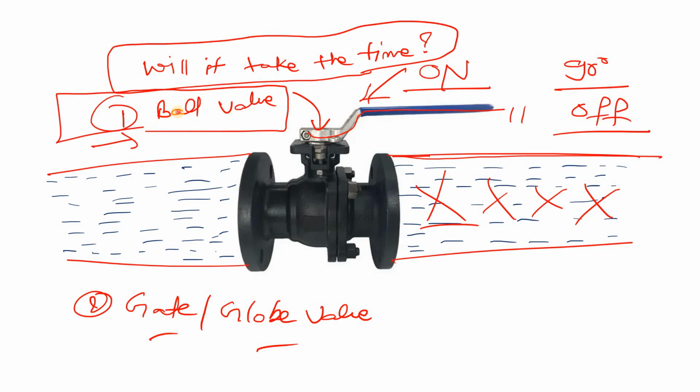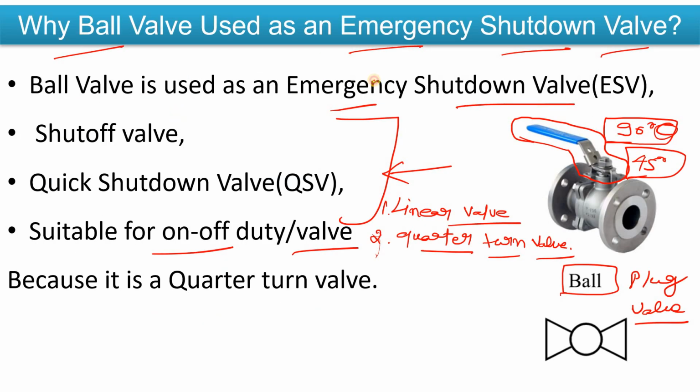So that is the answer behind why we use the ball valve as an emergency shutdown valve, or quick shutdown valve. The reason is that this is a quarter turn valve, a rotary type of valve.